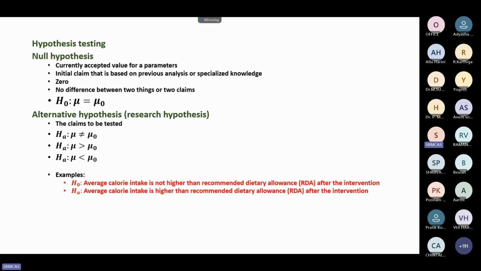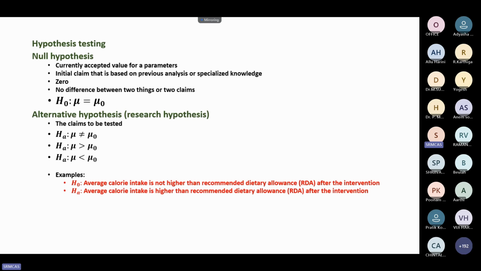So here, let's take the example: average calorie intake is not higher than the recommended dietary allowance after the interventions. For example, the government tries to improve the calorie intake of students in a school by giving some interventions, any kind of food, fortified foods or nutritional food through midday meal or breakfast.